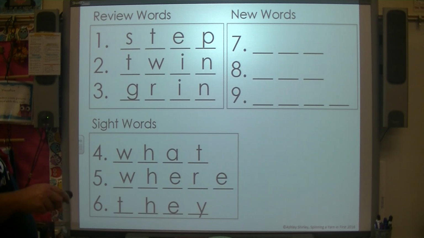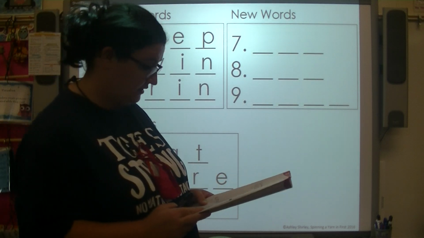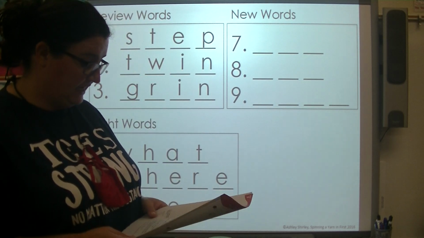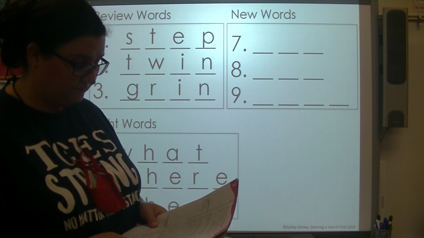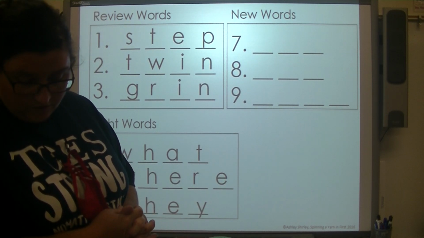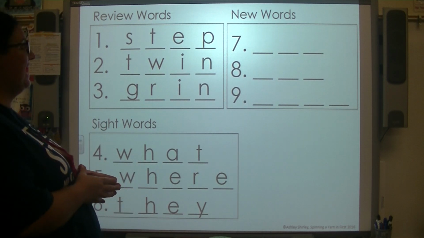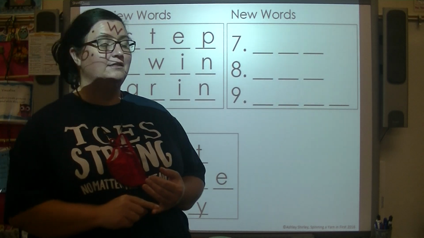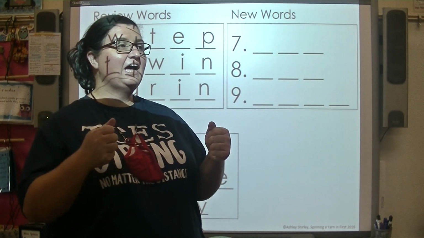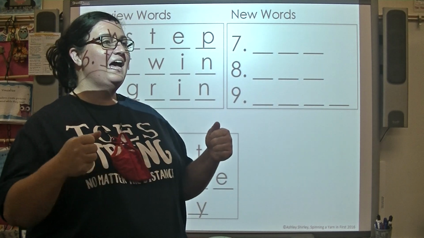All right, number 7. Back on your paper. We are going to practice spelling with C and K. Act. Let's stretch out act. Get ready. Act. One more time.